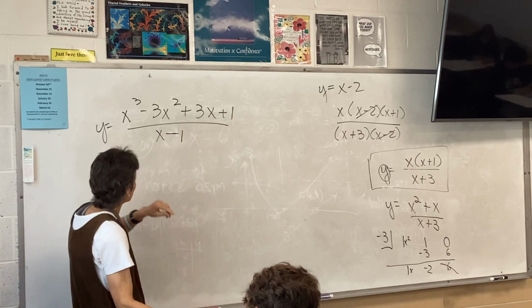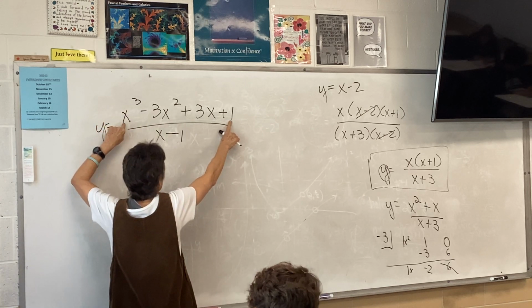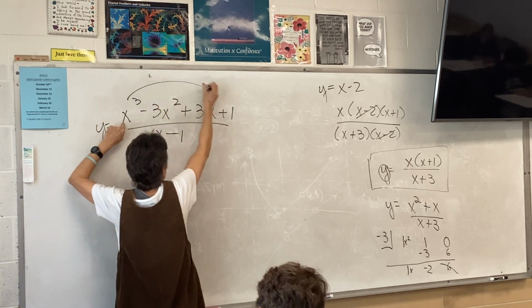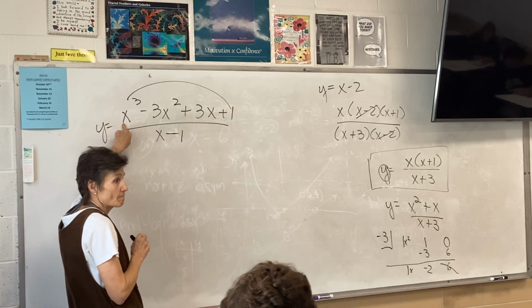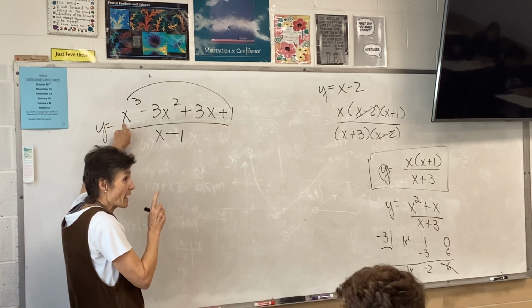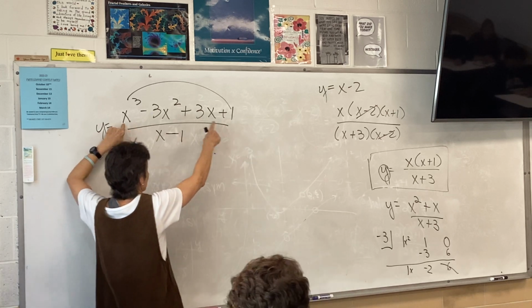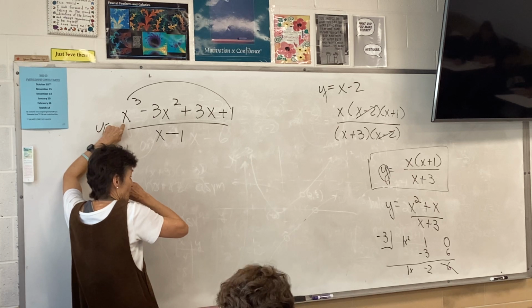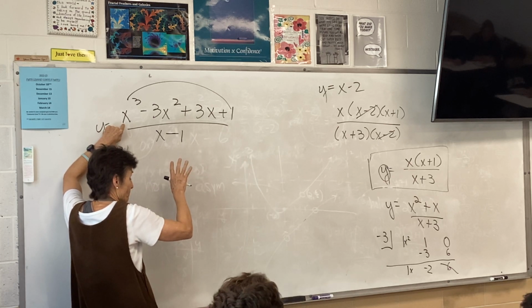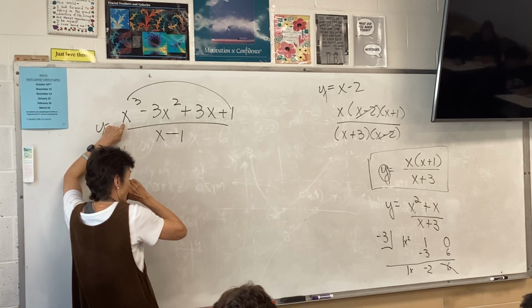If we wanted to factor this by grouping, we'd have to group the first and last and the middle two. And if we did that, the first and last are the sum of cubes. That's your SOAP thing. Remember how that works?